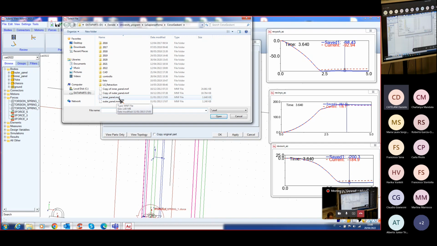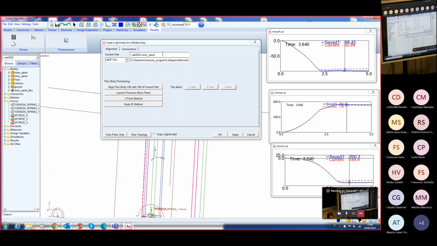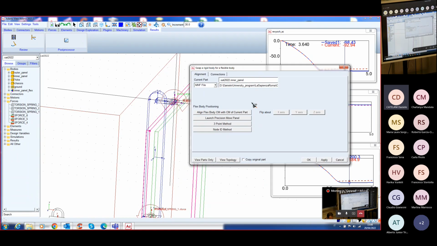It is a binary file, so you cannot read the content of this file until you have loaded it into Adams. When you load this file, probably you can position, moving the body, in order to make the body compatible and coherent with the system. In my case, my model is already coherent.